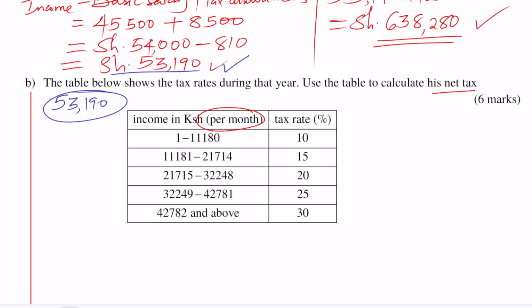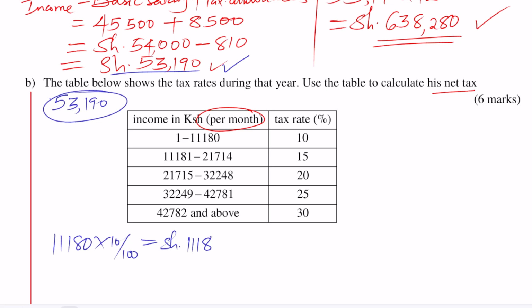The first slab is from 1 to 11,180. So the amount that you are taxing is 11,180 times the tax rate in percent, which is 10%. And here we get the tax in shillings of 1,118.